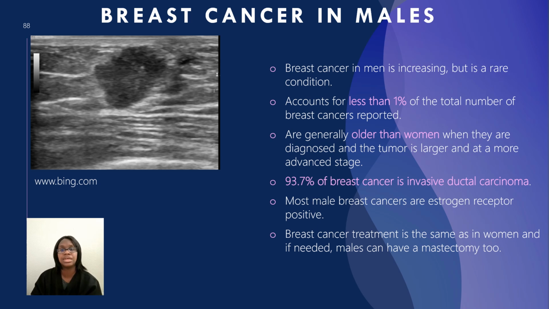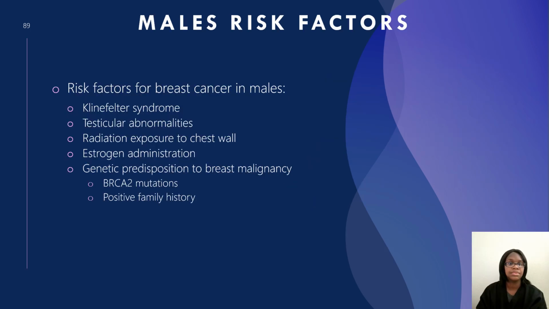This is how breast cancer in male patients will look, very similar to how women's breast tissue looks. And then these are all the risk factors for male patients, which is slightly different from what female patients' risk factors are, although there are still similarities.